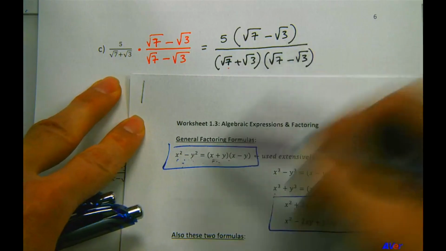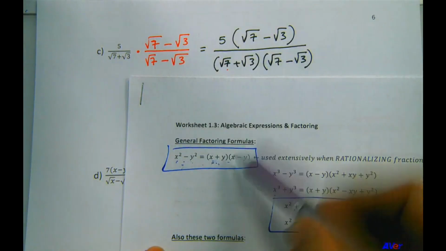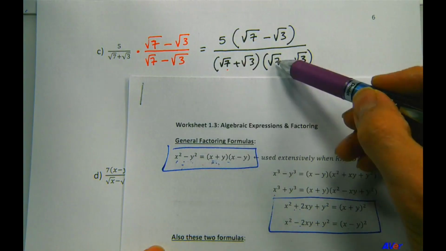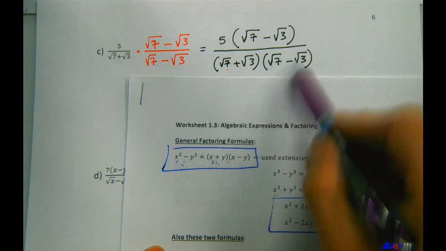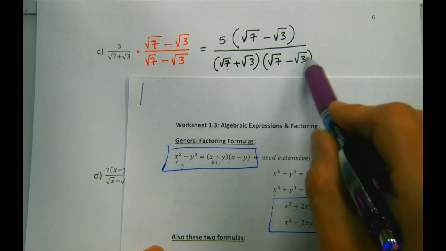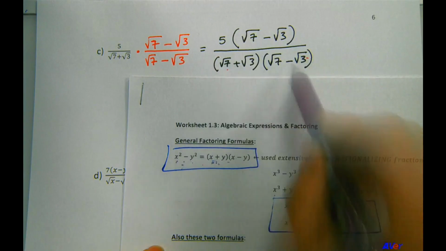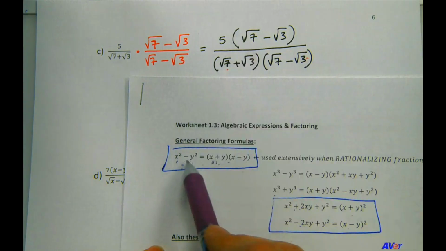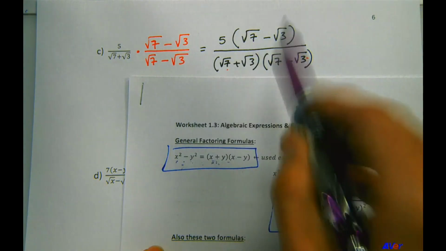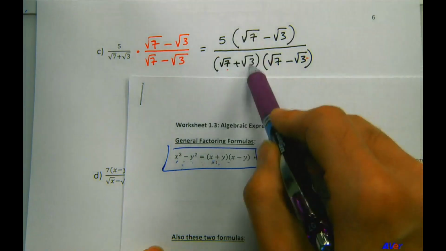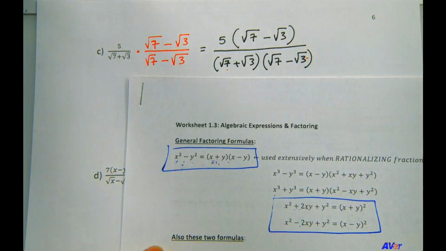In our case, x is square root of 7, plus, plus, minus, minus, square root of 3 is our y. Then this is equivalent to x squared minus y squared, or square root of 7 squared minus square root of 3 squared. Do you see the connection?